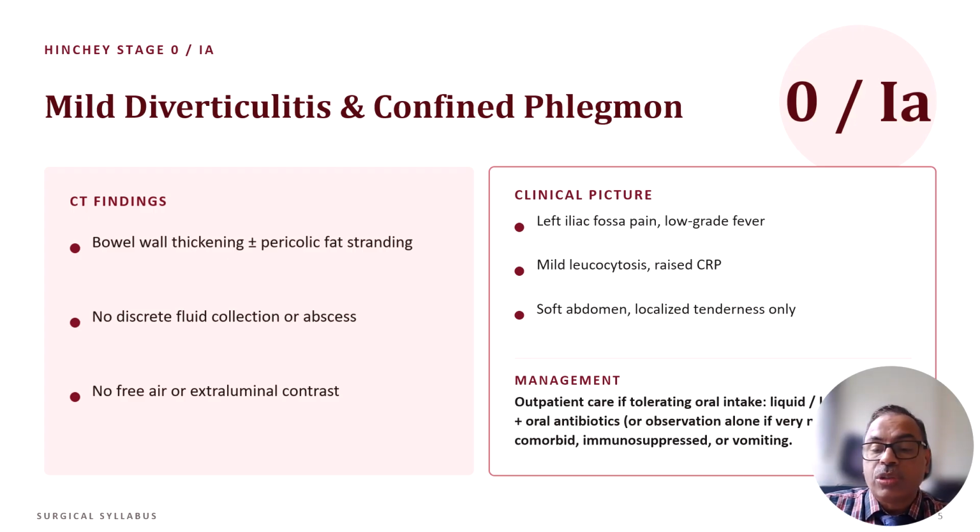If the patient is able to tolerate fluid, then you can give a liquid diet and oral antibiotics. Or depending on the patient's condition, say the patient has certain comorbid conditions like uncontrolled diabetes or is immunosuppressed, in such a case you can admit the patient and give IV antibiotics. No other definitive or interventional surgery is required in such a case.